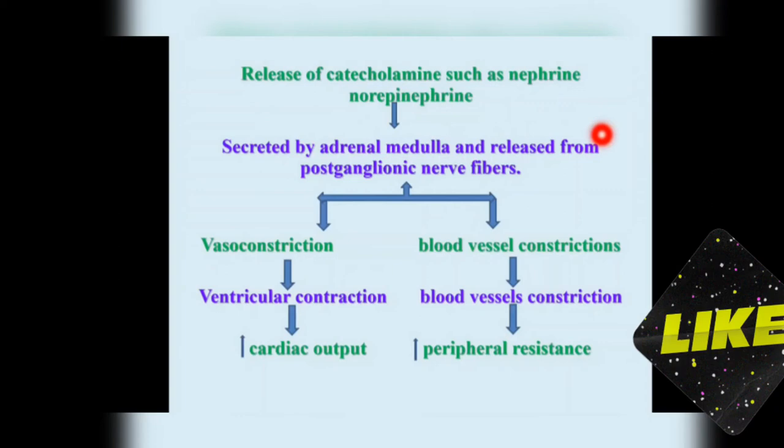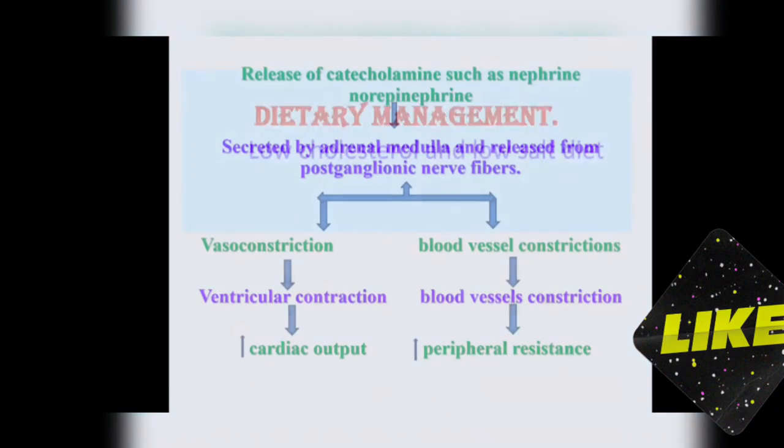When there is increased contraction, ultimately cardiac output will be increased. On the second side, there is blood vessel constriction, and ultimately there will be increased peripheral resistance, and this mechanism leads to an increase in blood pressure.